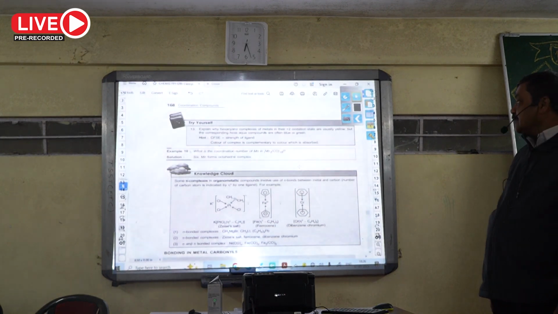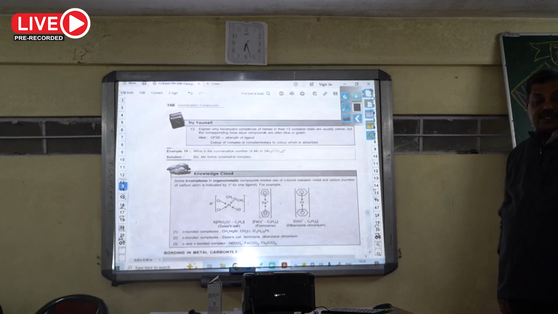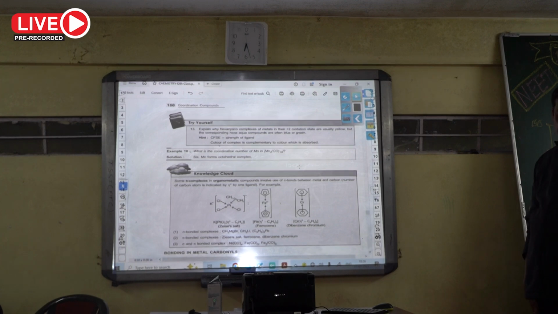The question is, explain why hexacyano complexes of metals in +2 state are usually yellow, but the corresponding hexa-aqua compounds are often blue or green. See the answer they have given. Crystal field splitting energy is directly proportional to the strength of the ligand. So the color of the complex is complementary to the color which it absorbs.